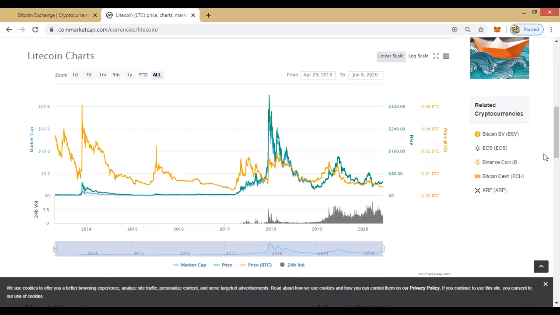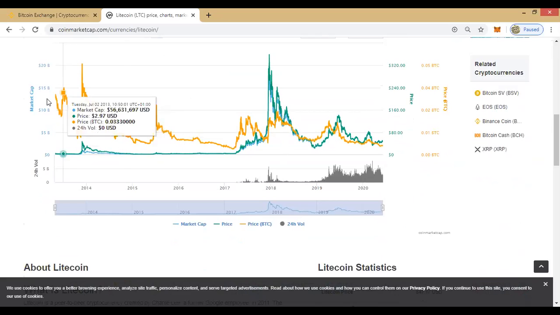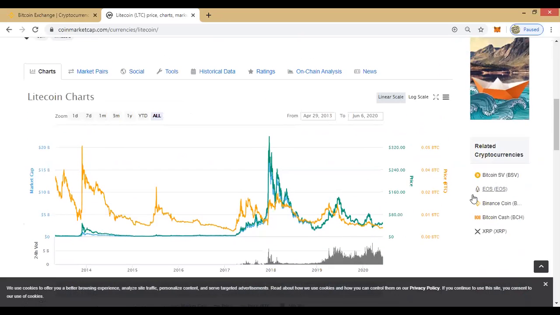So if you look down here, you can see this is just a graphical representation of how the coin has fared so far. When you tap at this, Tuesday, May 7th, 2013, it shows you the market capitalization and the price.